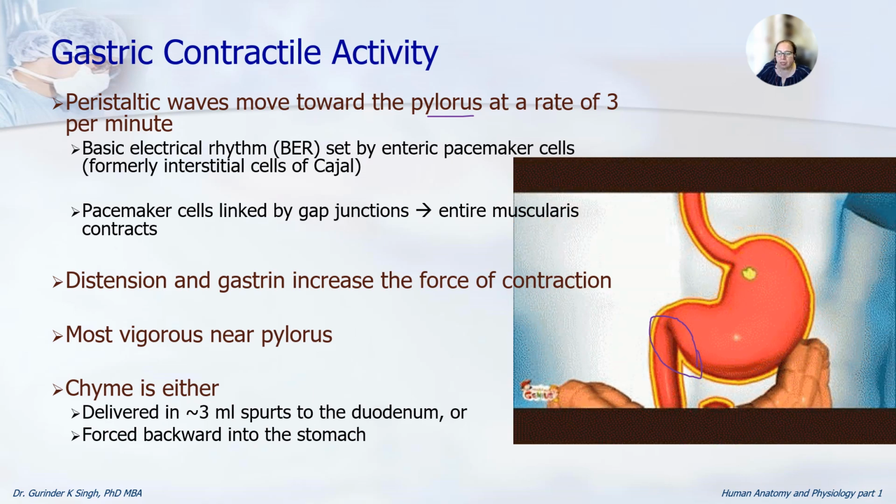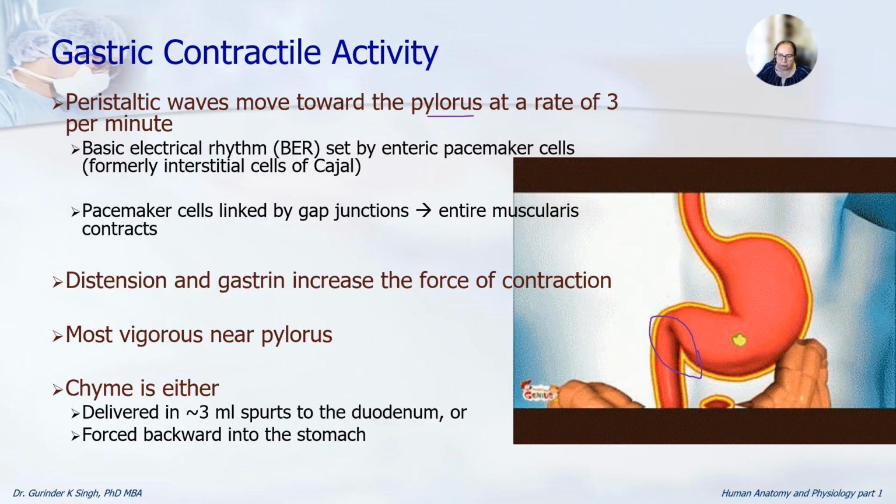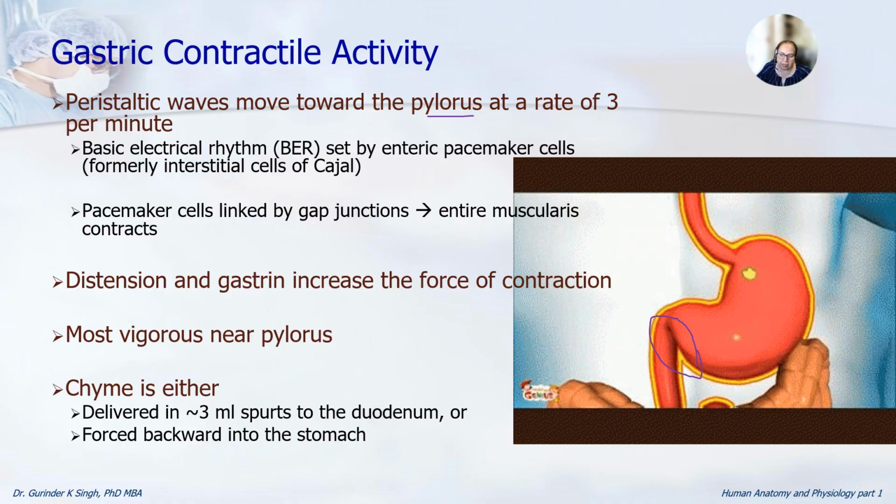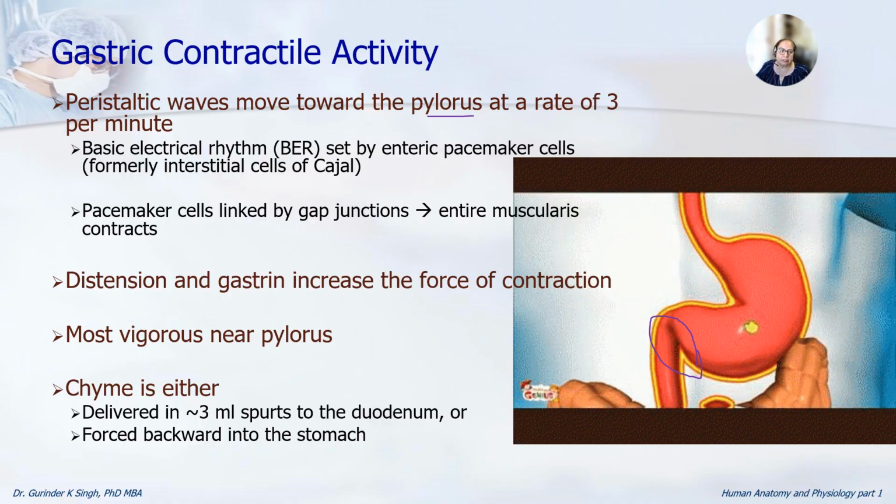They are triggered from pacemaker cells, which are present in those plexus we talked about earlier, the submucosal plexus as well as the myenteric plexus. The local pacemakers set up what is known as the basic electric rhythm.